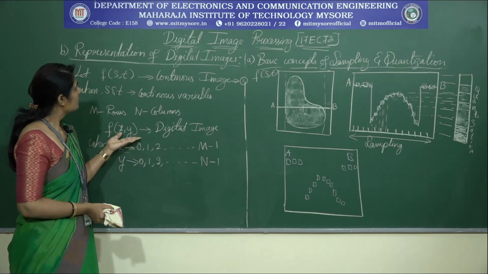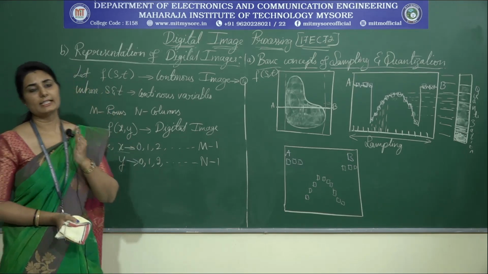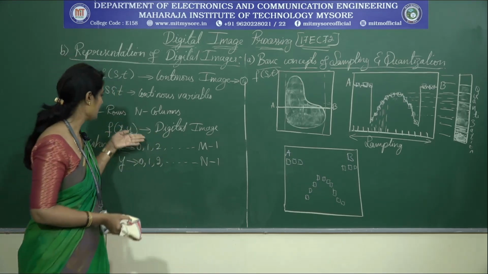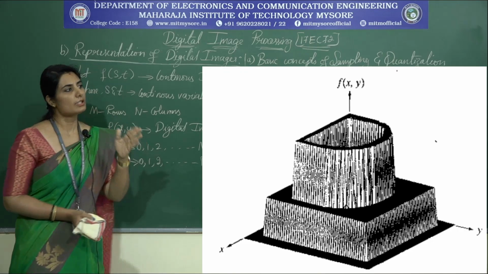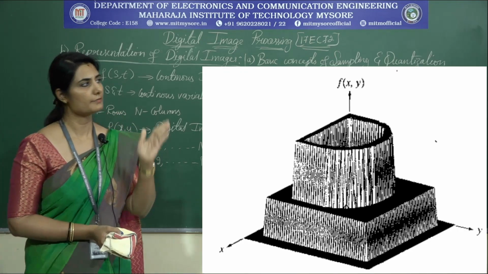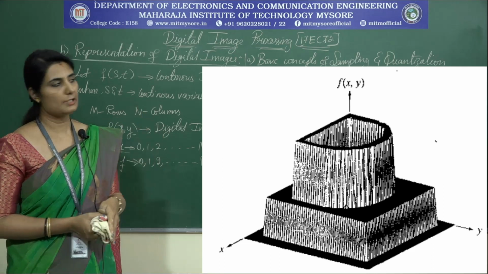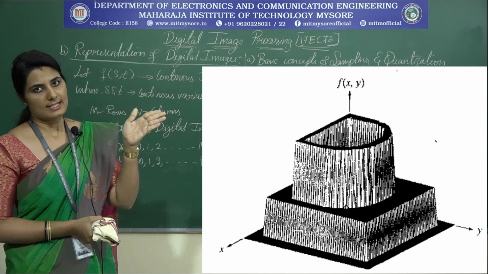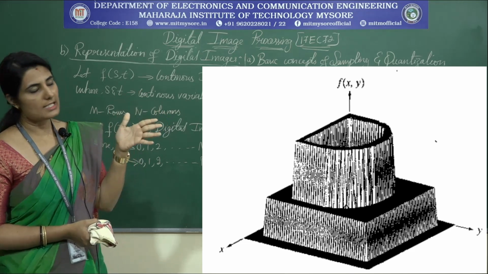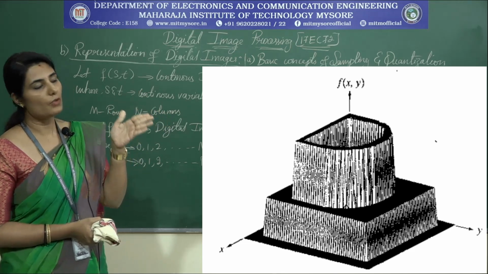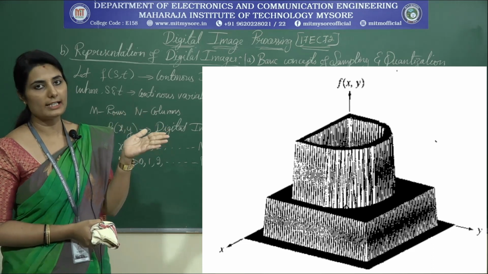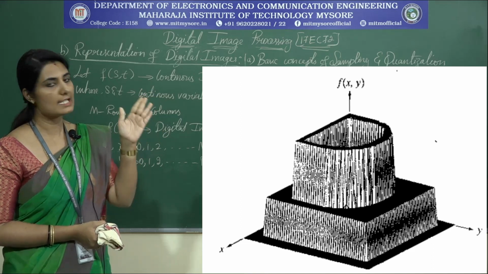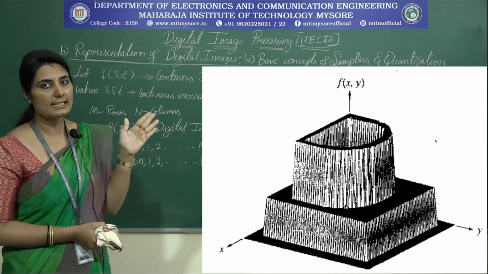Okay, and there are three different ways to represent these digital images. So look at this figure 1. Here the image is represented as a surface. So here this image has three axes. x and y represent the spatial coordinates, where the third axis is f of x comma y, which represents the intensity level.